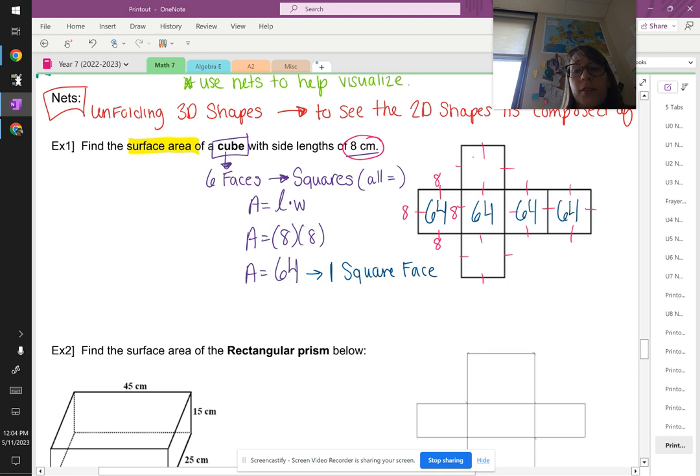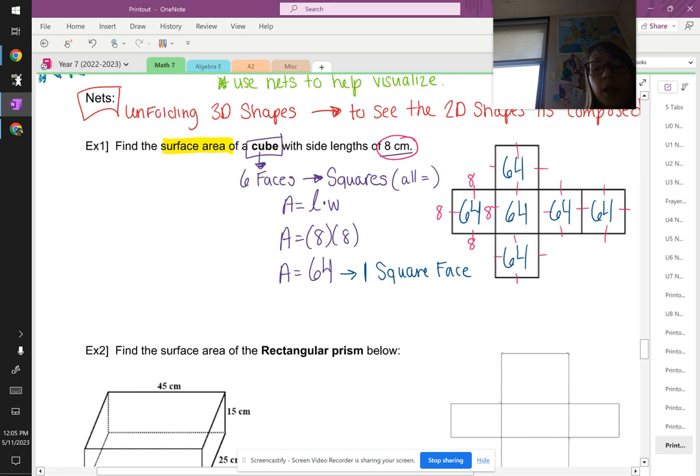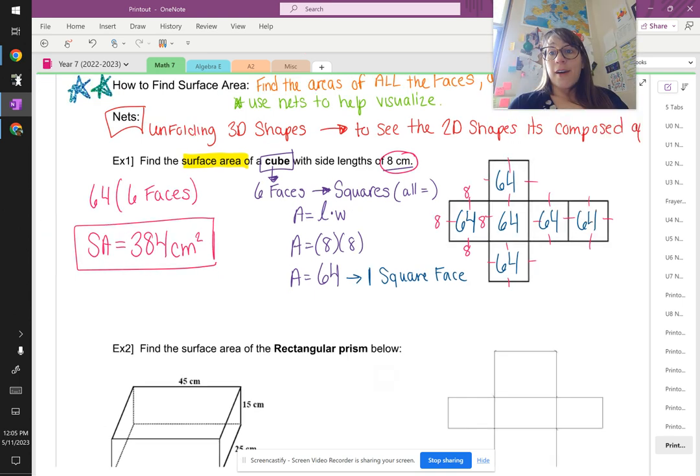So I can either add my 64 6 times, or you can just do a little bit of multiplication. 64 times, notice the way I'm labeling things, 6 faces. Notice the change in notation as I go from A equals to SA equals 384 centimeters squared, because it's surface area, not volume.